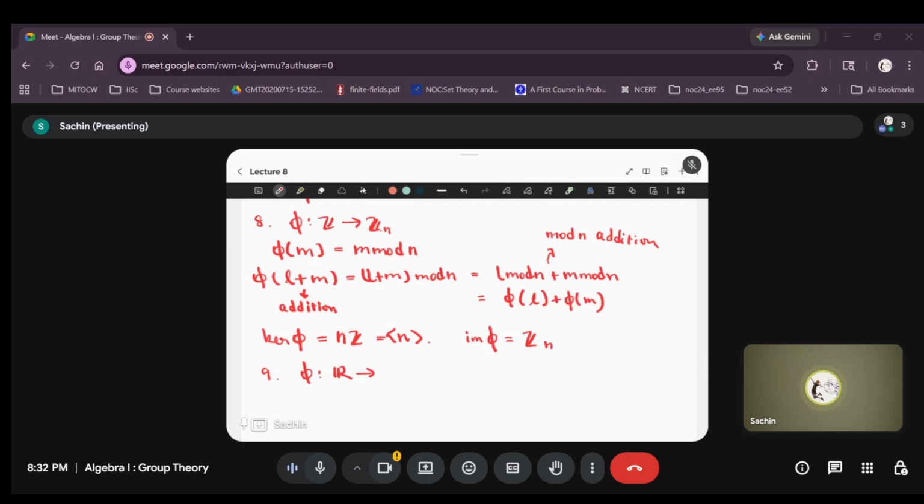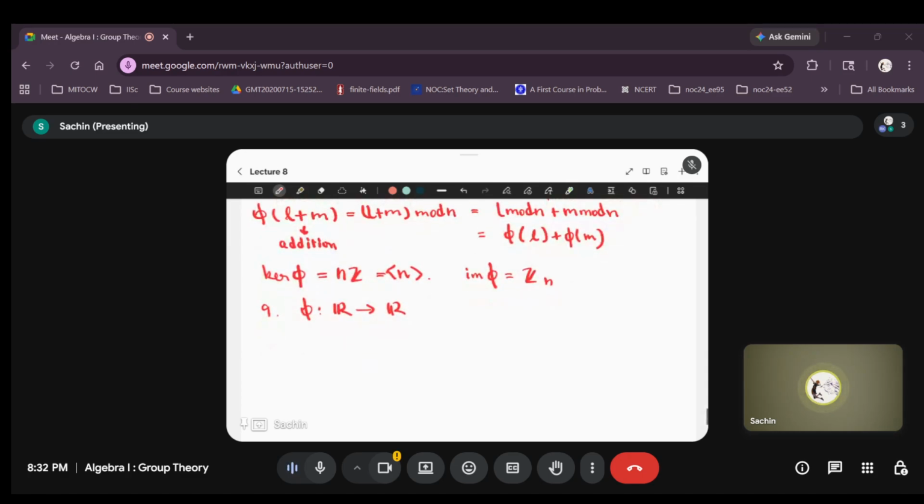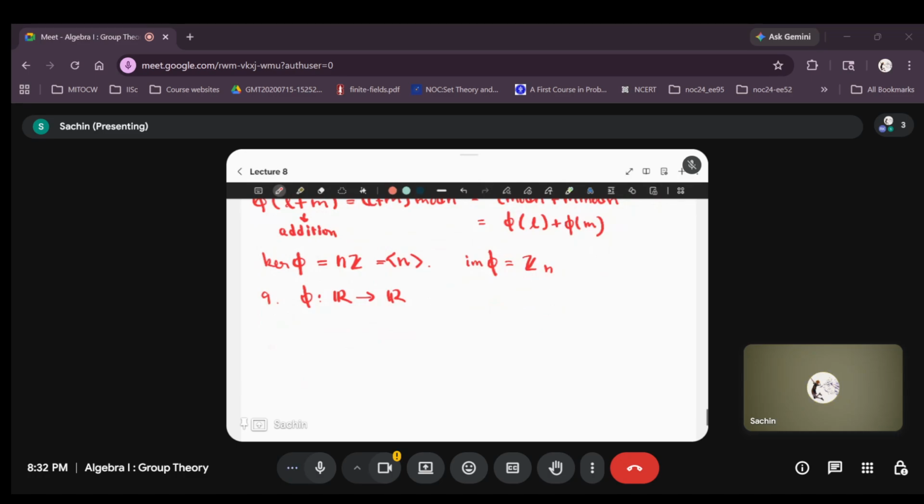Consider phi from R to R. So it's from R to R, not R star. So it is under addition. Now phi of x is equal to x square. Is this a homomorphism?